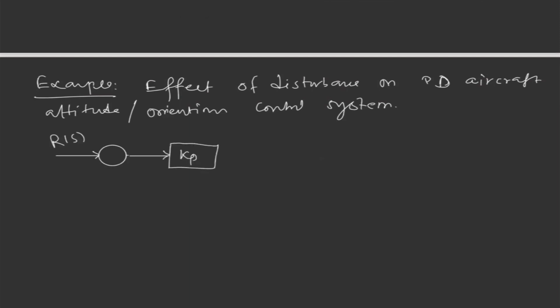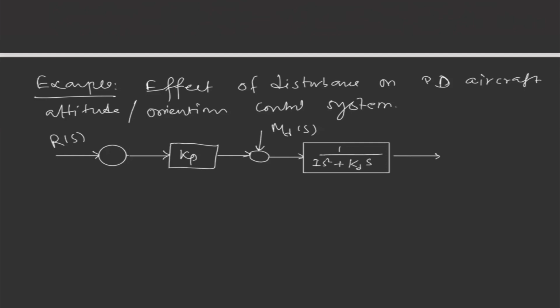So KP is here, and we have a disturbance on the system, MD of S, which we can say is constant. We'll assume a constant disturbance acting on the system, and we have the modified plant transfer function 1 upon I S squared plus KD S, and this is the output.